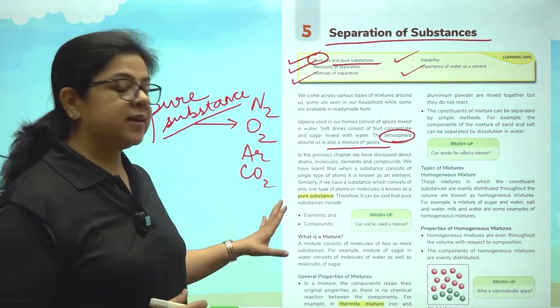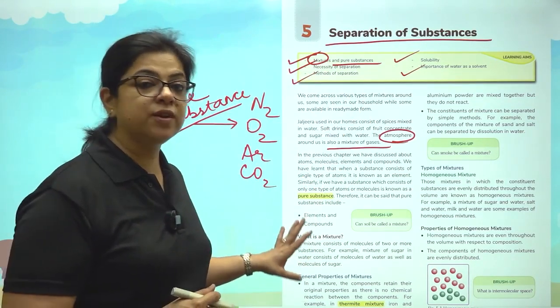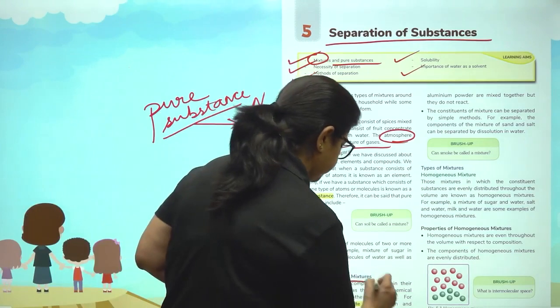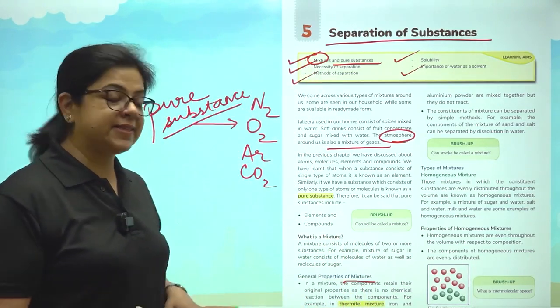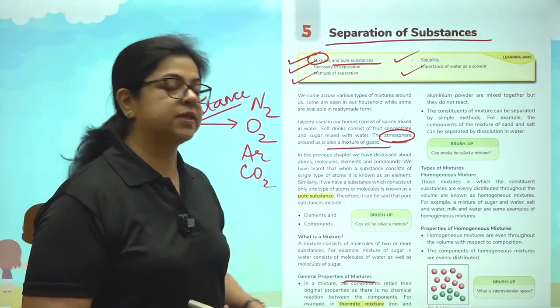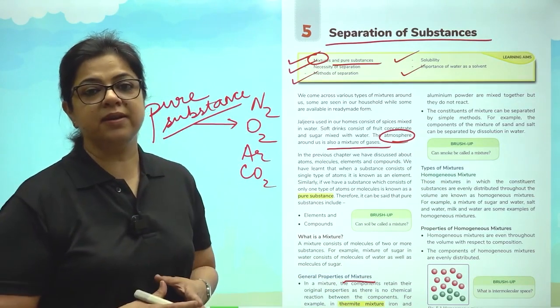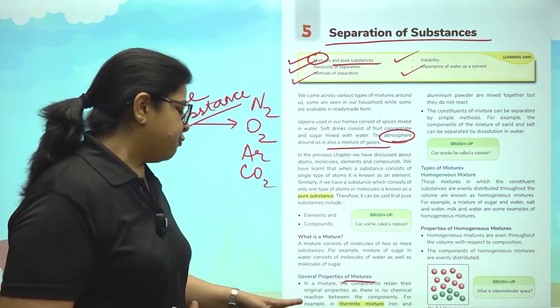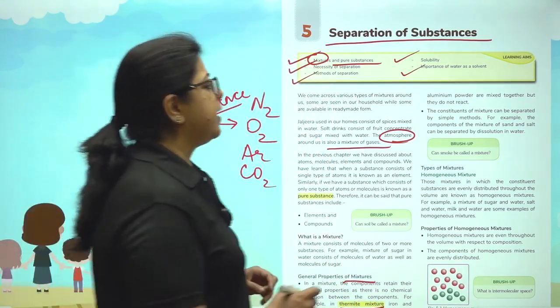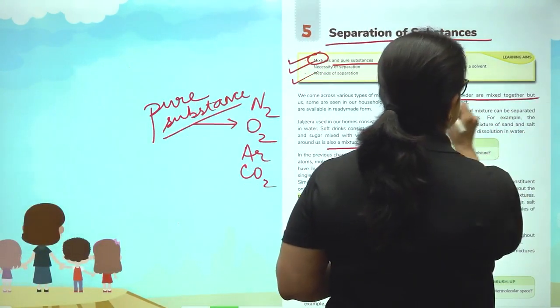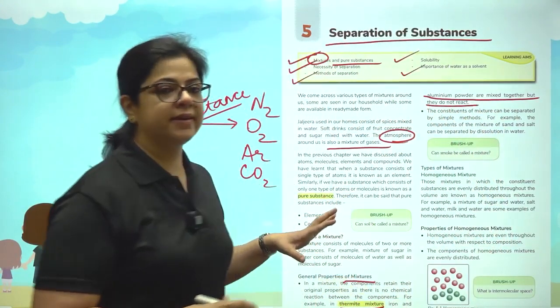Now, next, we are going to understand the general properties of a mixture. In a mixture, components retain their original properties as there is no chemical reaction. For example, in thermite mixture, iron and aluminum powder are mixed together. They do not react.